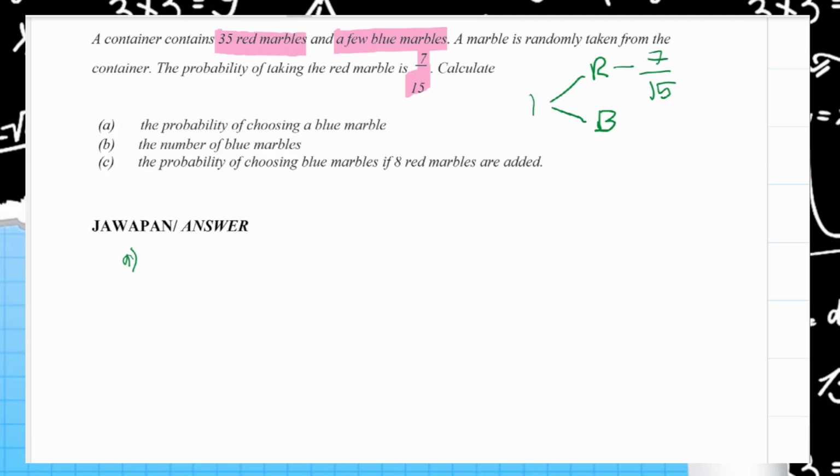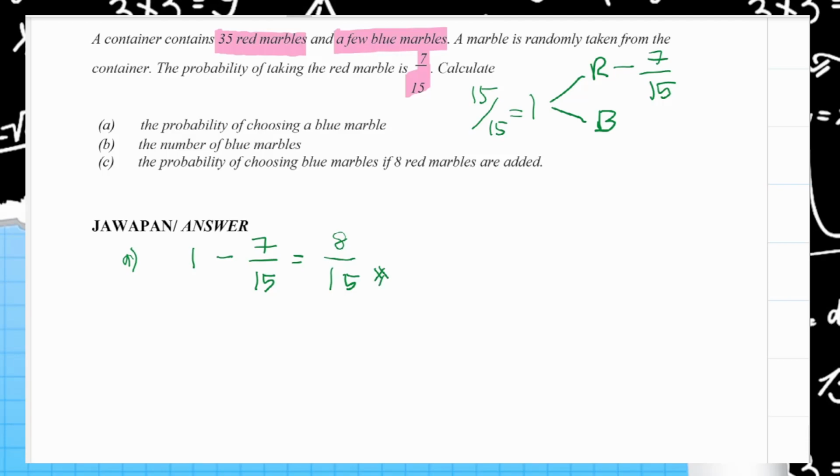Sebahagian yang lain lah, sebab kita tak ada colour yang lain lagi dah kat situ. So maksudnya kat sini kita boleh guna relation 1 minus 7/15. So 1 here means 15/15. So 1 minus 7/15, you will get 8/15. Simple direct question, right?